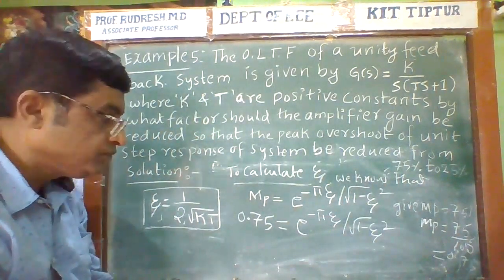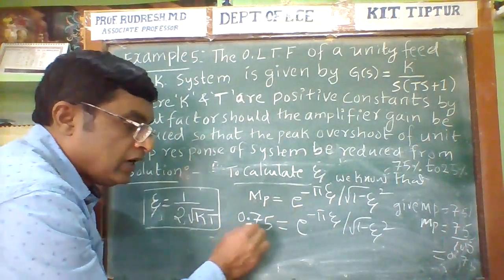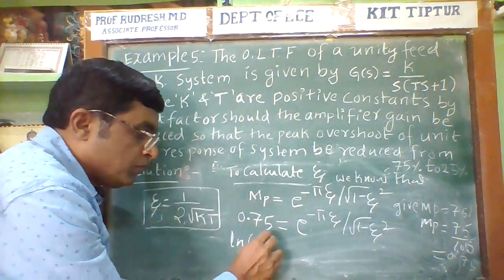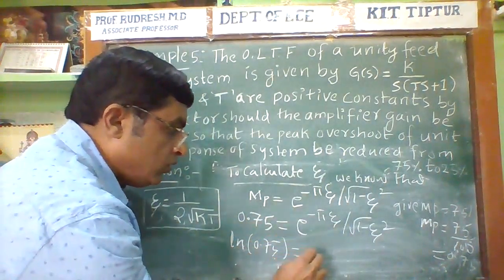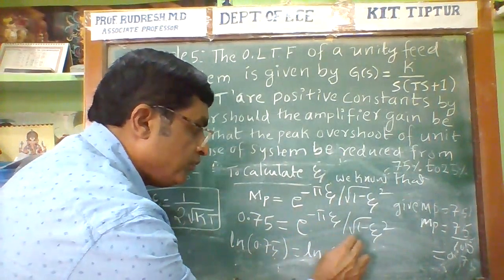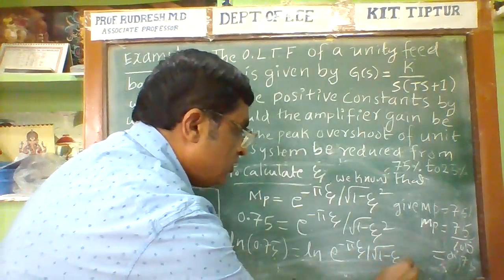Now, by taking natural log on both the sides, ln of 0.075 is equal to ln of the entire term, minus pi into zeta divided by square root of 1 minus zeta square.